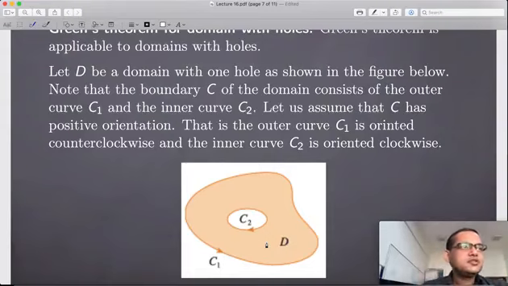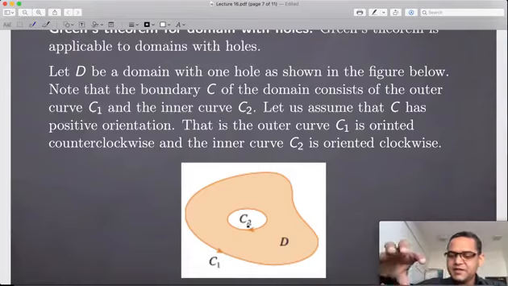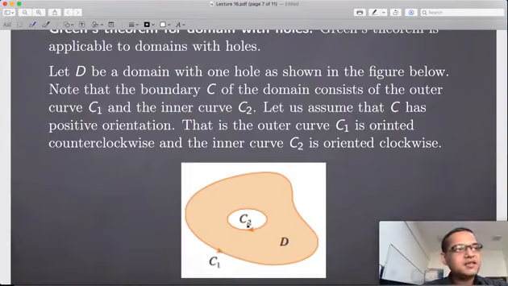Okay, so the basic idea is, we can have vector fields which are having some problems, like the partial derivatives are not continuous at some point. So what we do is we try to remove that part and then we get a hole. Okay, and then we want to see whether we have a similar conclusion which we could have for the simply connected domains. Okay, and the answer is yes.